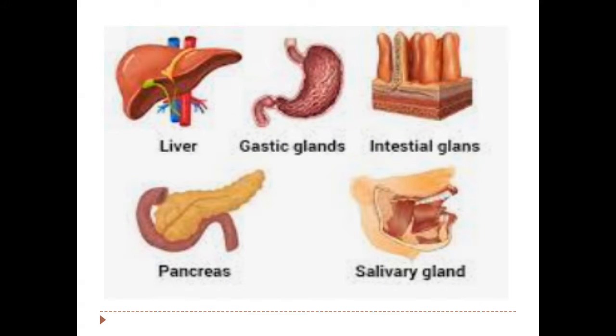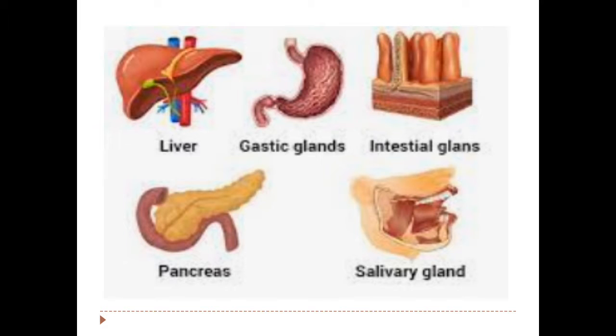And these are the digestive glands. I have already said that some substance like bile is secreted from the liver and stored in the gallbladder. Then the gastric glands, that means the stomach, secrete enzymes and hydrochloric acid. Then the pancreas secretes lipase, amylase and trypsin. The salivary glands, which are in the buccal cavity, secrete saliva and salivary amylase.